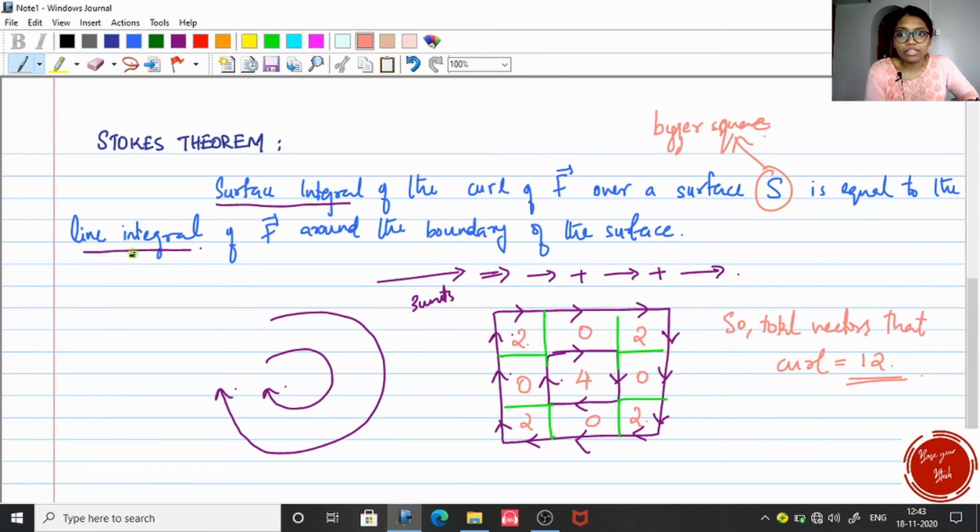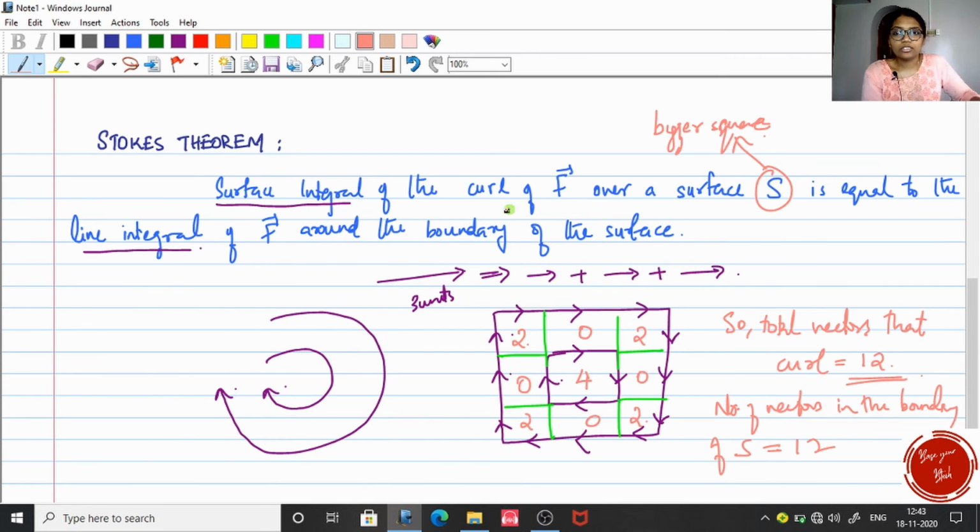When we take the line integral of that particular vector f, you need to count the number of unit vectors that comprise the boundary of that square, isn't it? How many unit vectors are there in the boundary of the bigger square? 1, 2, 3, 4, 5, 6, 7, 8, 9, 10, 11 and 12. Which means the number of vectors in the boundary of the surface S is equal to 12. So thus it is proved.